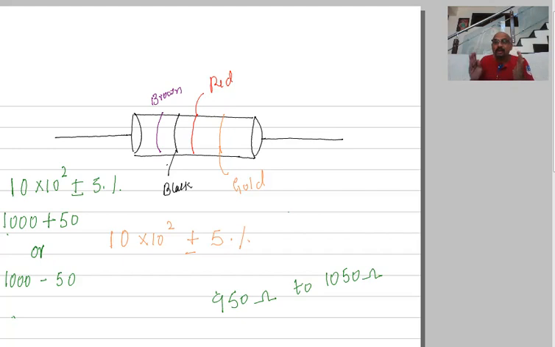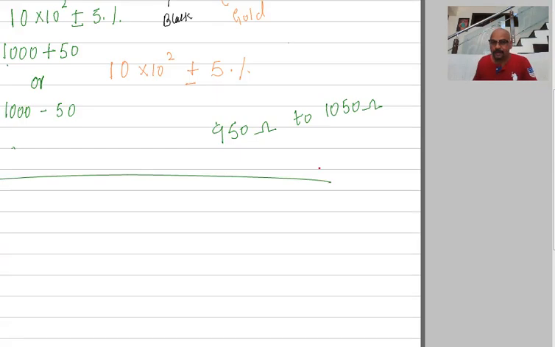So that is the tolerance. What is tolerance? Tolerance is the maximum possible variation of resistance. Here again the same example, please learn properly.